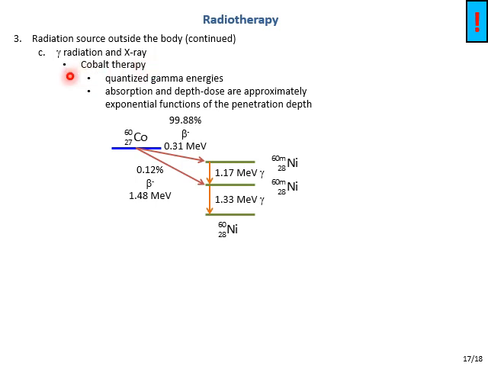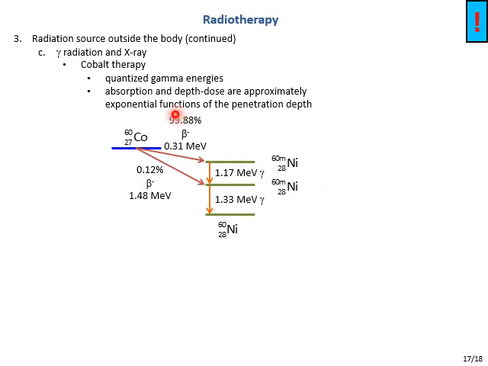The name of this therapeutical approach is cobalt therapy, which is a misnomer, as you can see in the scheme in the middle of the figure, because cobalt is only the mother nucleus, which decays to nickel, and the gamma photons used for treating the tumor are actually produced by the metastable nickel isotopes.